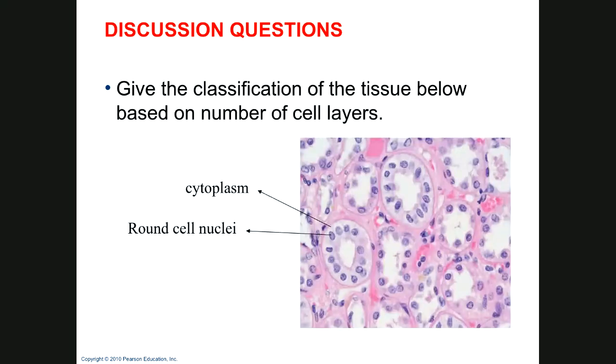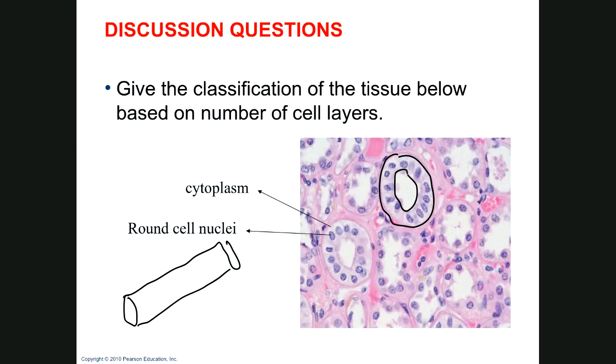This one right here, okay, so take a look at this one. This is a tube that was cut in a cross section. So this was a tube, and the tube is made of one layer of little square cells. So those are the one layer of square cells, making this tube.